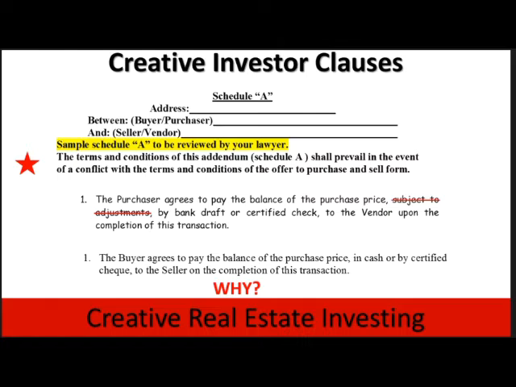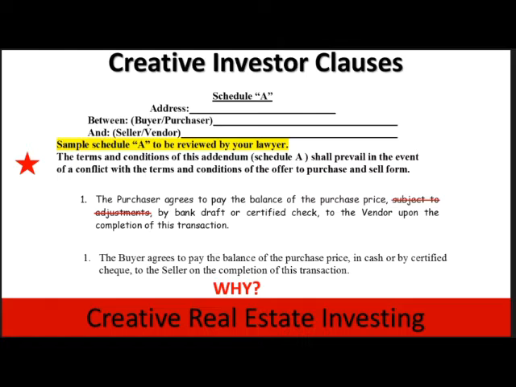So if it's a 200-liter oil tank, and for argument's sake, it's $1 a liter, then there's $200. That means that at closing, the seller will be credited $200. The buyer has to pay the seller for that $200 worth of oil. So that's the subject to adjustments part of the document. But as I say, that's already dealt with in the body of the purchase and sale agreement.